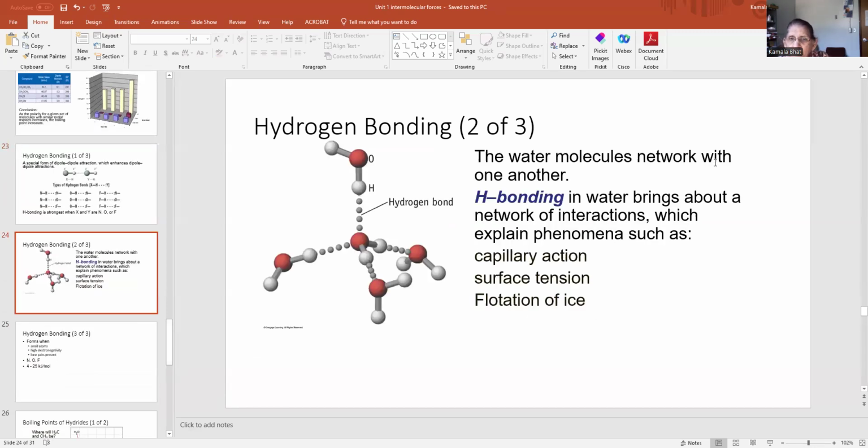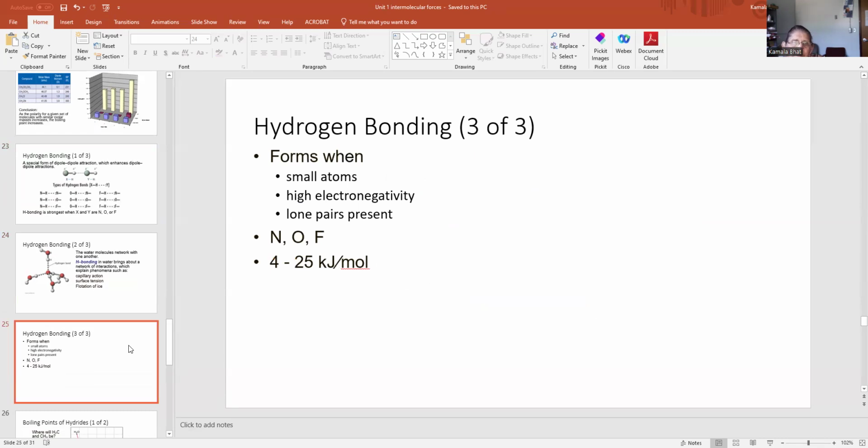The water molecules network with one another. H bonding in water brings out a network of interaction which explains phenomena such as capillary action, surface tension, and flotation of ice. Next, hydrogen bonding forms when atoms are small, have high electronegativity, and contain a lone pair of electrons.